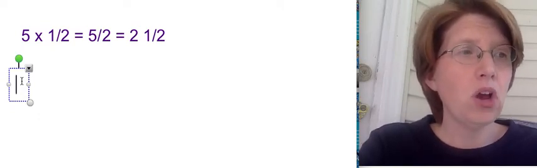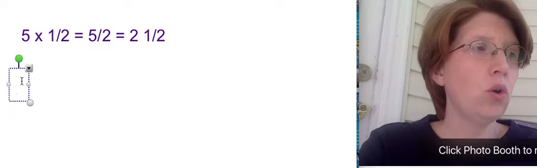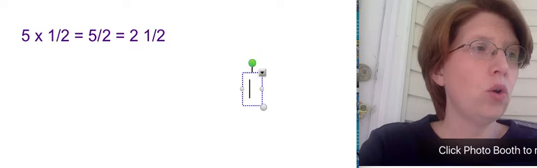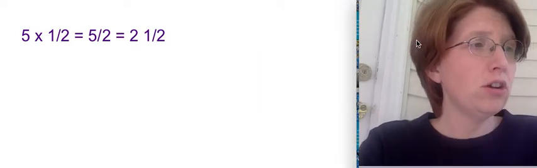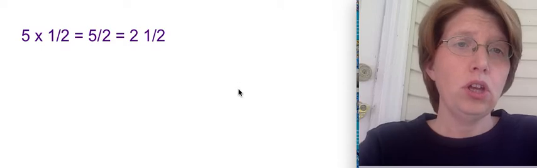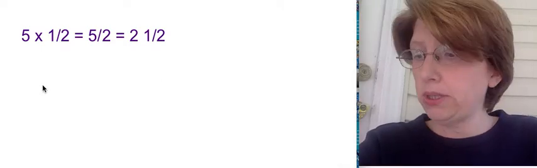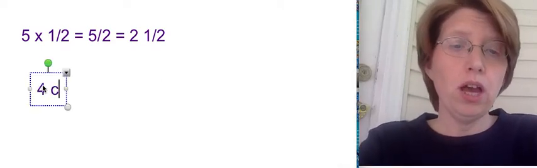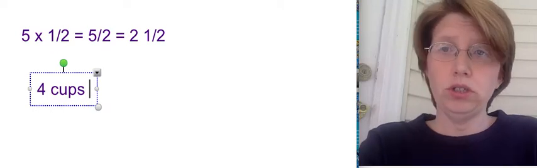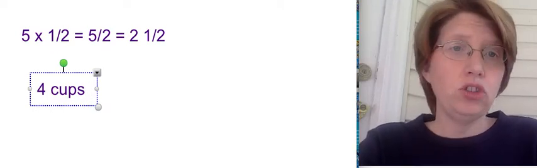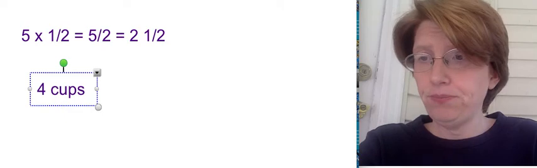How many cups are in a quart? There are 2 cups in a pint, and there are 2 pints in a quart. So there would be 4 cups. There would be 4 cups in 1 quart. So that's how much servings she has left.